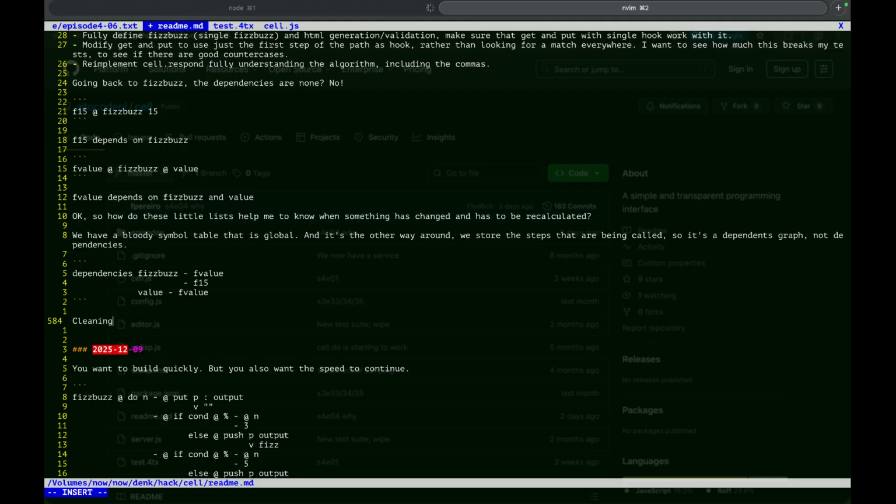Cleaning the dependency table shouldn't be difficult, which is something I was fearing.